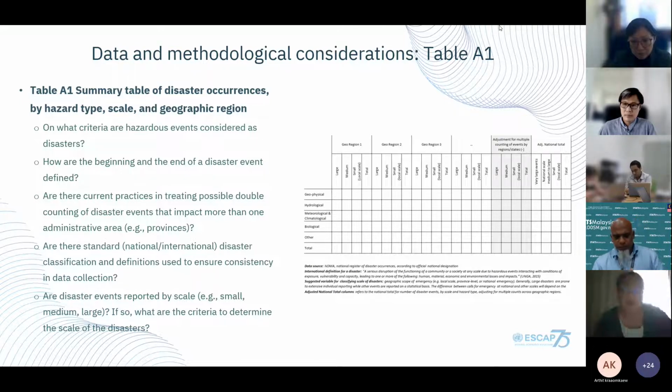For example, loss and damage information, structural or non-structural, could take years to get the figures. Also, some human damage or loss data. Some countries just release the direct loss. However, some countries continue following the changes of figures for years. So I think this issue also needs to be considered. Thank you very much.